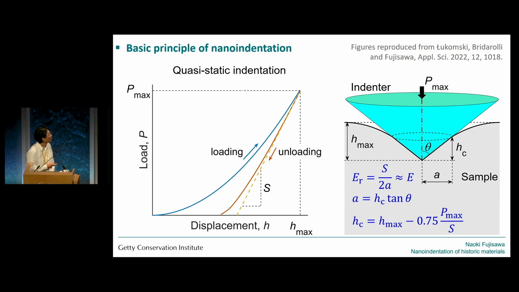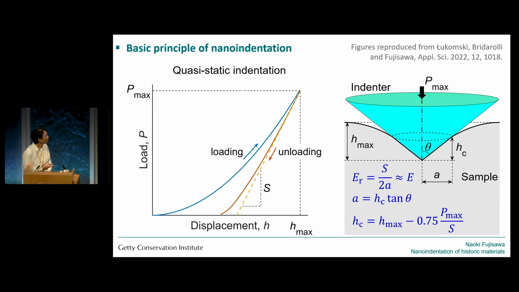And the reduced elastic modulus, which is basically equivalent to an elastic modulus, is given as the stiffness normalized to the contact diameter, or 2 times the contact radius, A. And this contact radius A is obtainable knowing the geometry of the indenter and the contact depth.